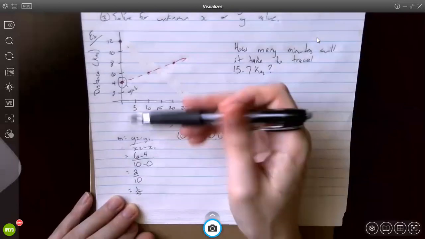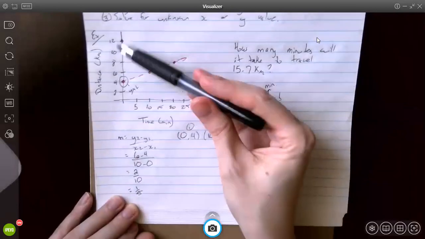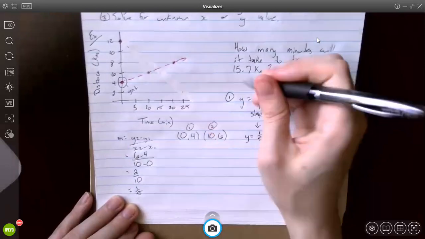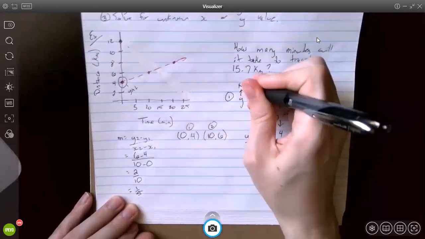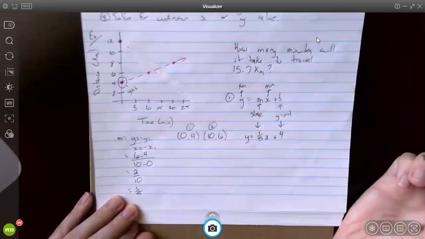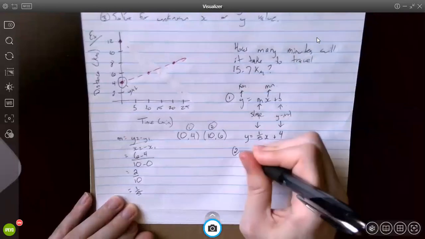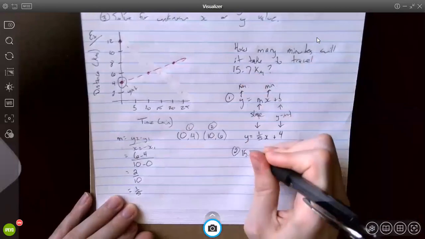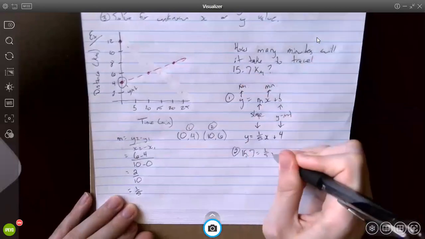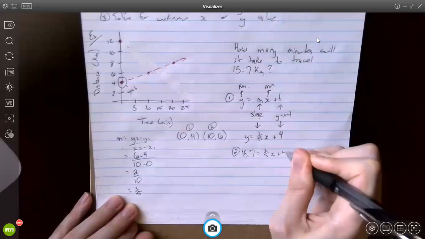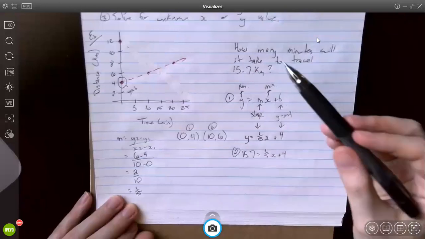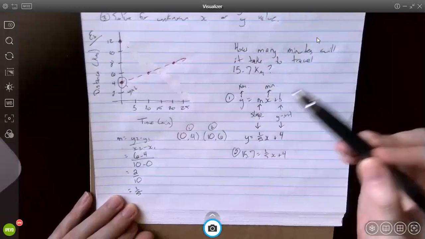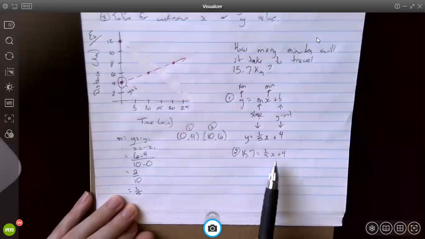And because distance is on my y-axis, this distance at 15.7 kilometers is going to be my y value. So my second step now is to plug in my 15.7 where the y is. If I was given a time instead and asked how far I could get, I would plug the time in where the x is. But in this case, I am going to solve for x.